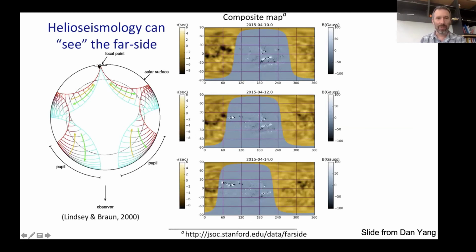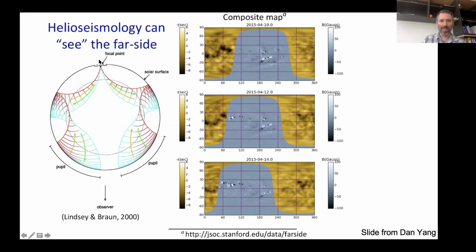They bounce a couple of times. They bounce off some target point on the far side of the sun. And then they bounce again, and you see them again on the near side of the sun. And you can move this focal point around and make maps of something on the far surface of the sun.